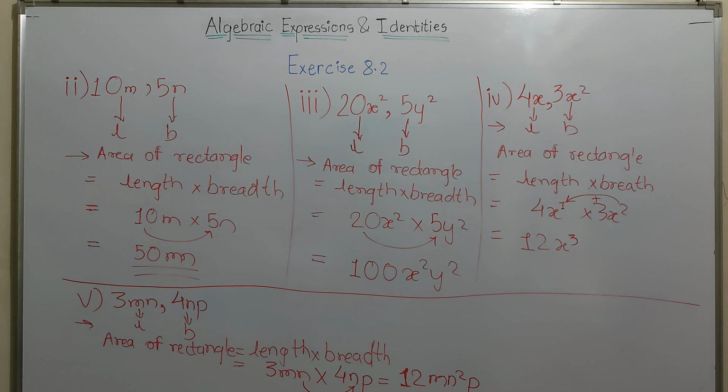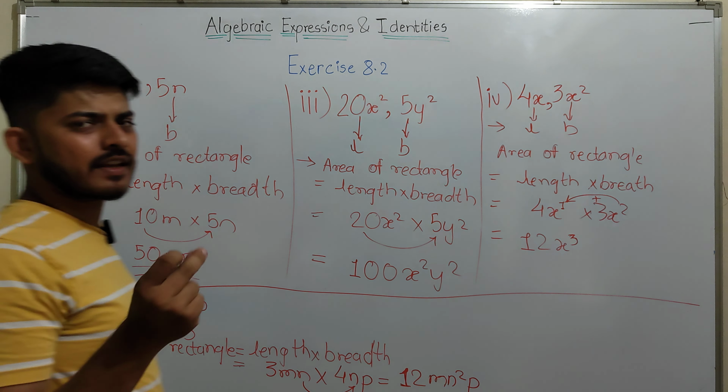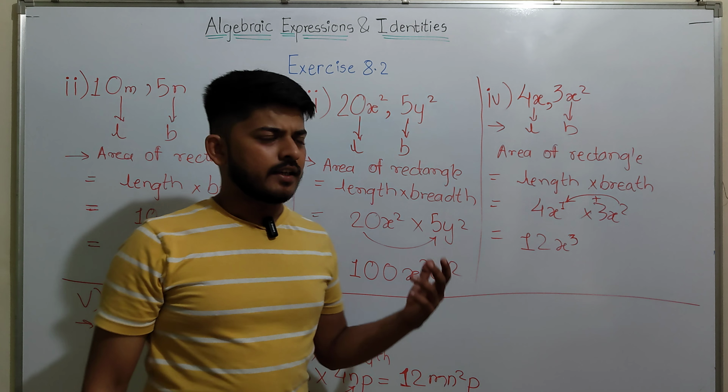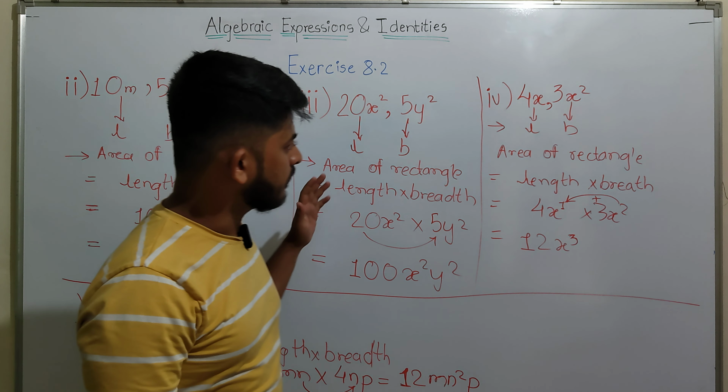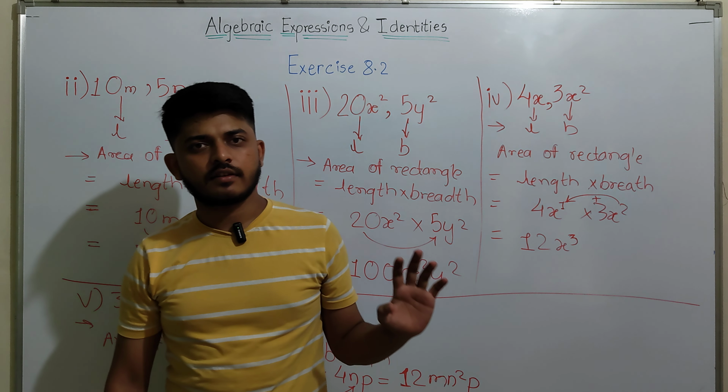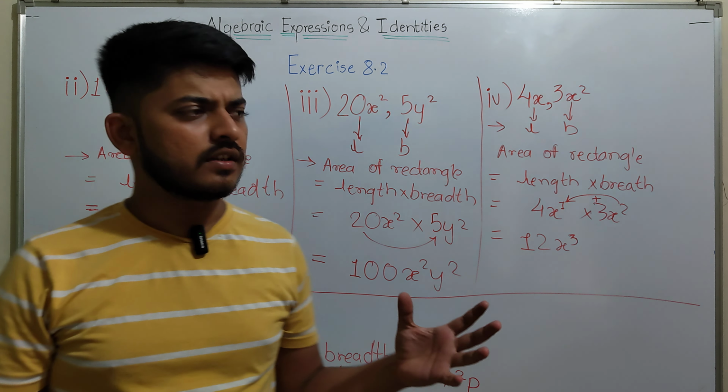So this was the second sub question in exercise 8.2. We have solved it. See here, I can solve this question within a few seconds. I need not take this much time, but it is for the better understanding of learners.